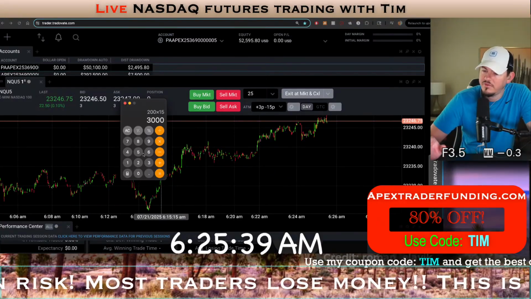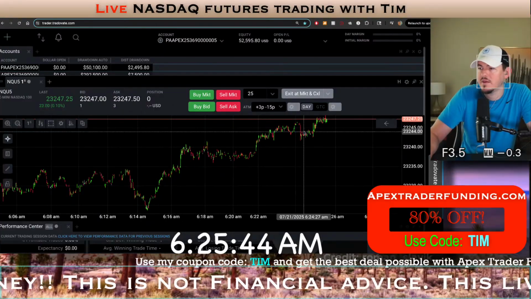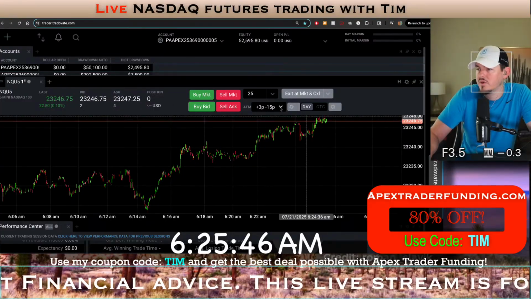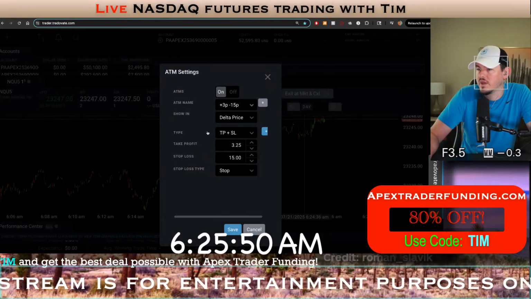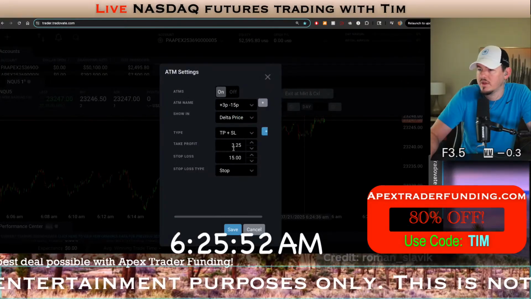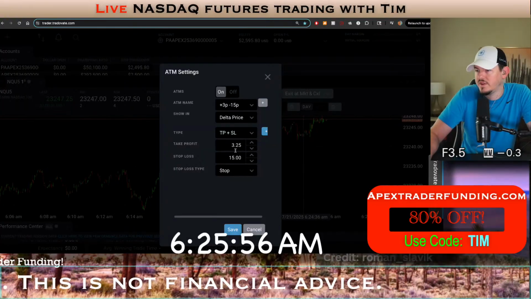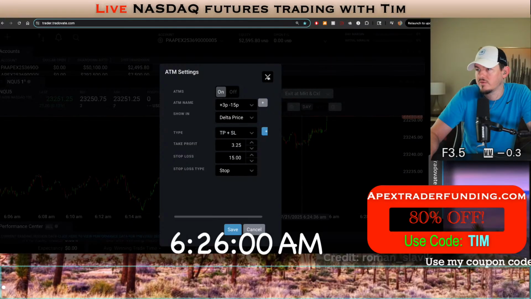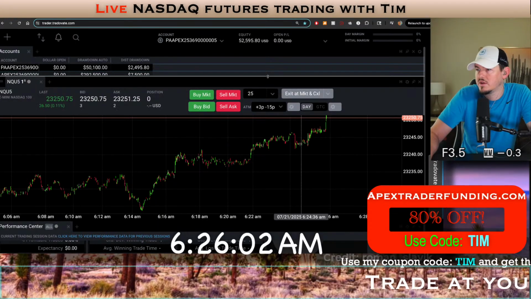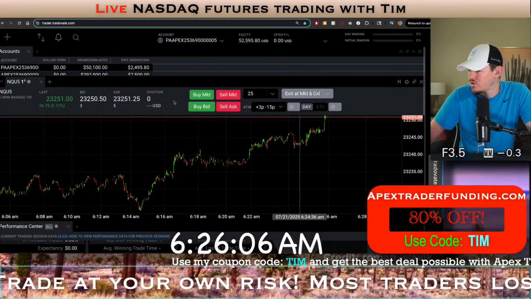So it's 15.25 in the template in the ATM strategy. See, it says 3.25. You need to do 15.25 so it covers the commission and fees. So it really is just one trade to pass the evaluation.